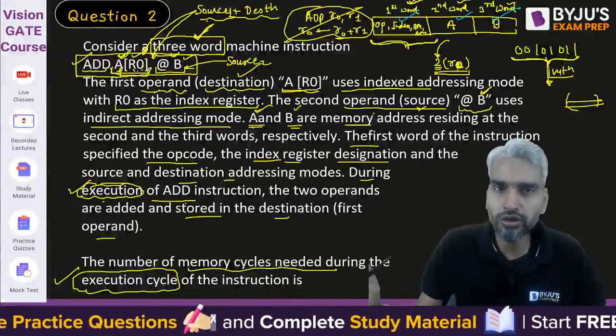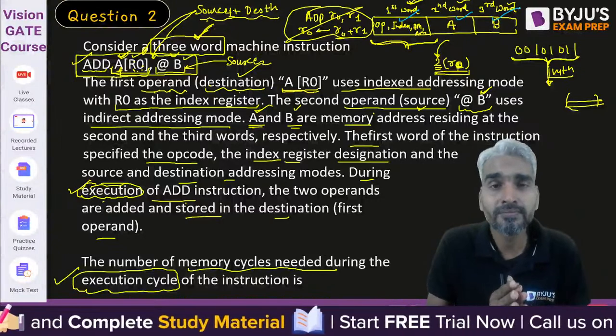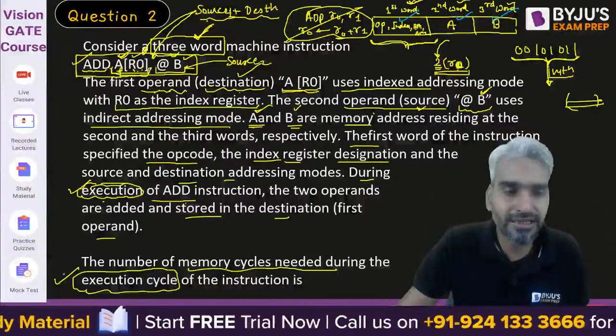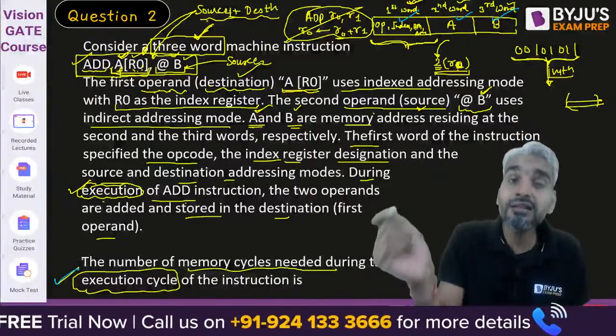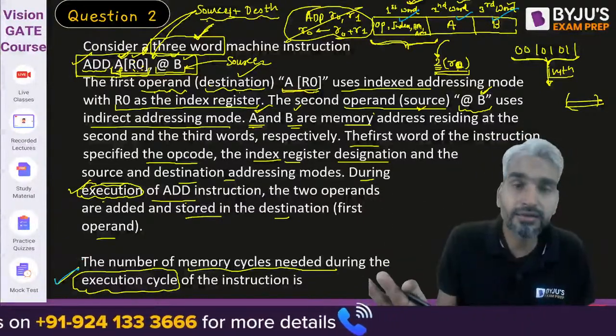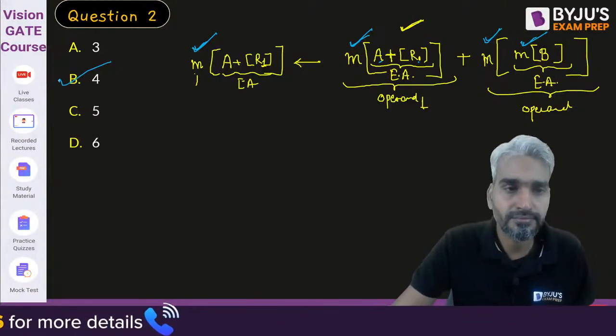But it is not asking about the number of memory cycles in the instruction cycle. It is asking for the number of memory cycles in the execution cycle. In the instruction cycle, fetch as well as execution will be included. Clear? So the answer for this question will be 4. That is option B.